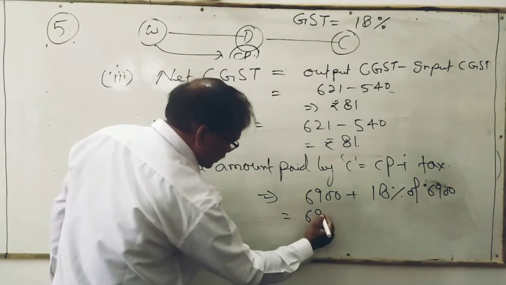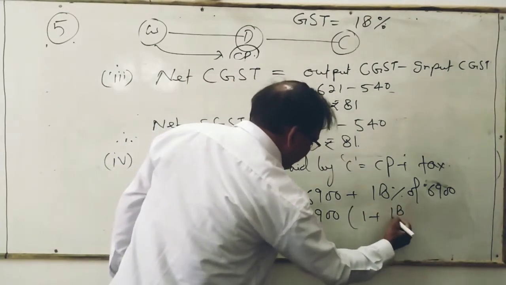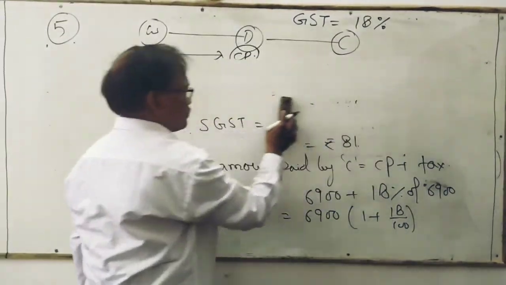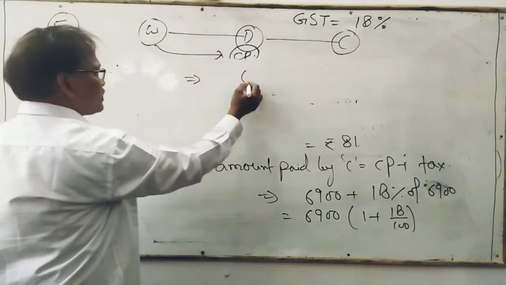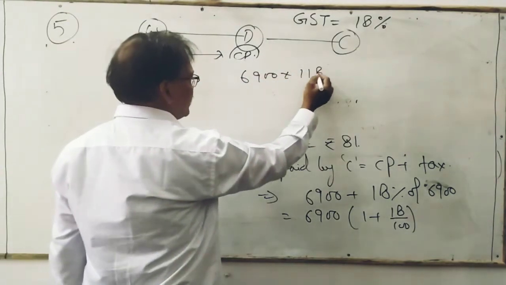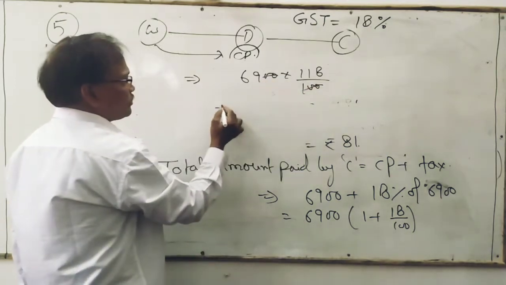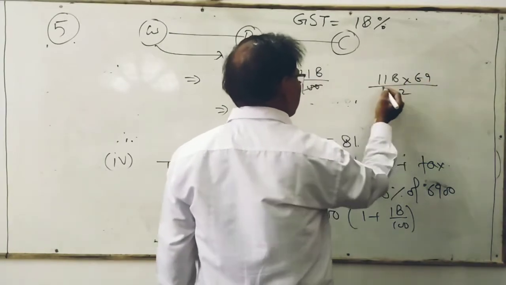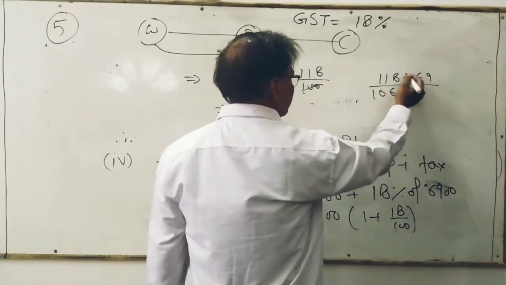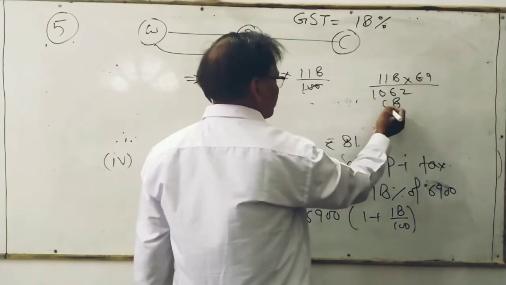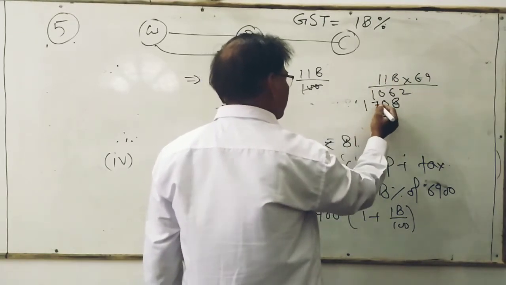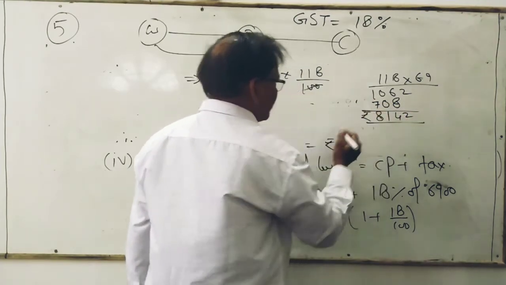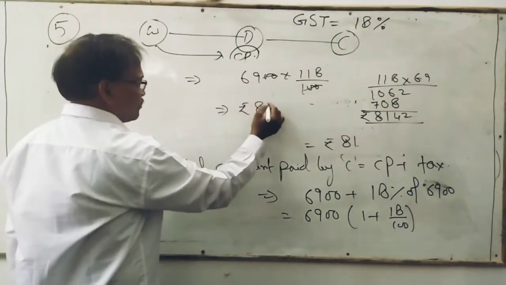So this will be 6900 into 1 plus 18 by 100, and if you calculate this, so it will be 6900 into 118 by 100, which is 8142.